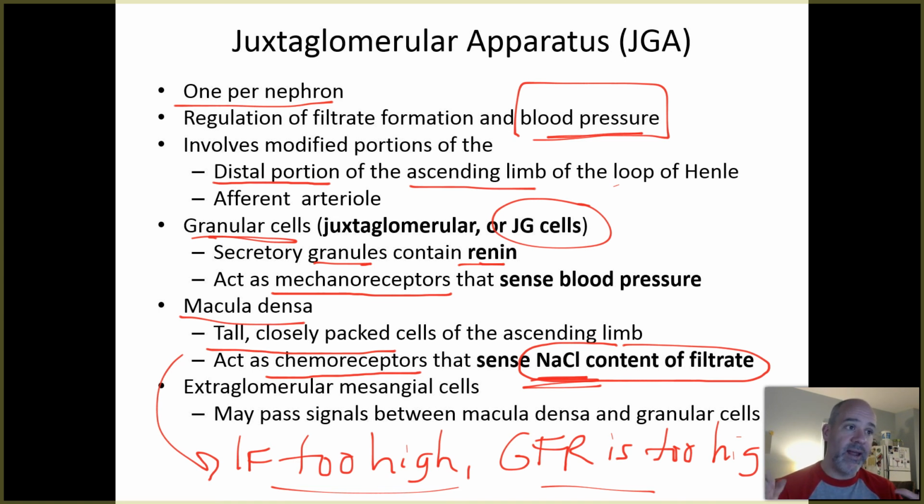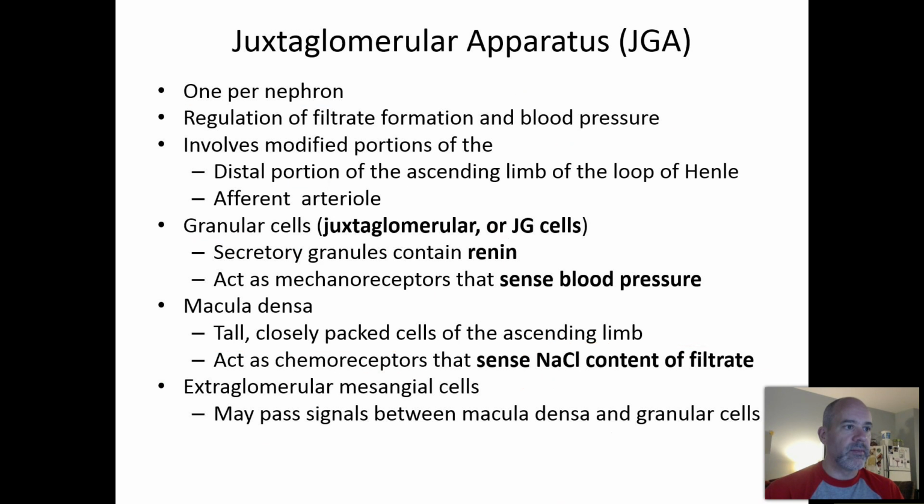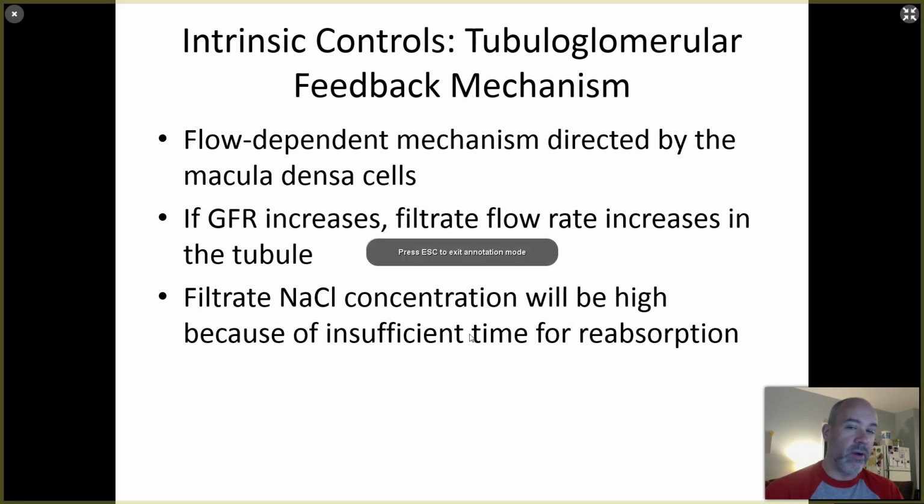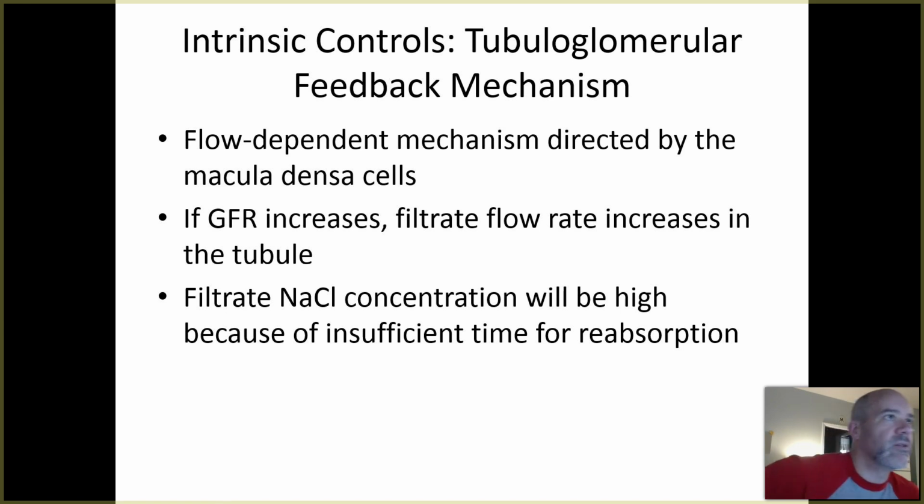On the flip side, if the sodium chloride content is too low, that's an indication that your GFR is too low, and too much sodium and too many chloride ions are being reabsorbed back out of the filtrate as it passes through the nephrons. So checking the sodium chloride content in that part of the nephron is a pretty good intrinsic mechanism for the kidneys to determine whether the GFR is too fast or too slow.